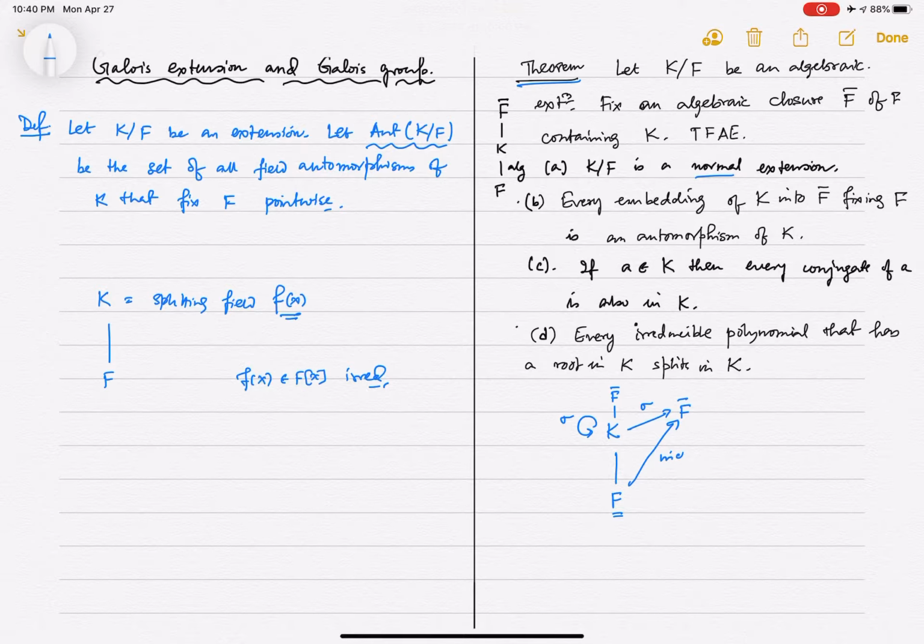So in that sense, this group should be thought of as the symmetries of the roots of this polynomial in this case. Okay, so that's sort of why we are originally interested in this group, if you are interested in solving polynomial equations. So there was a discussion of this when we introduced splitting field. You can go back and watch that one.